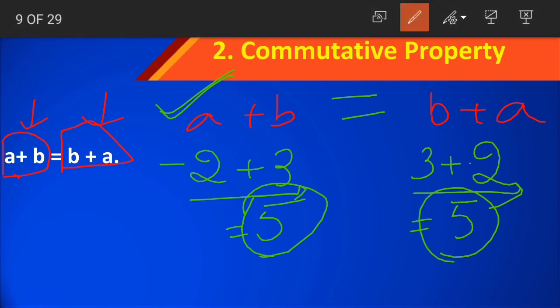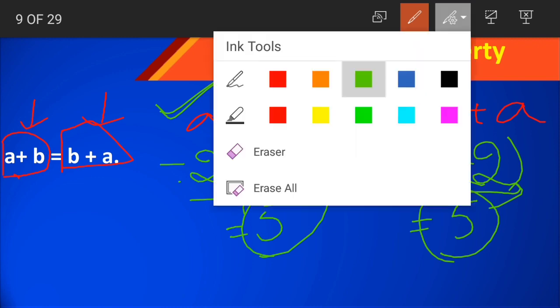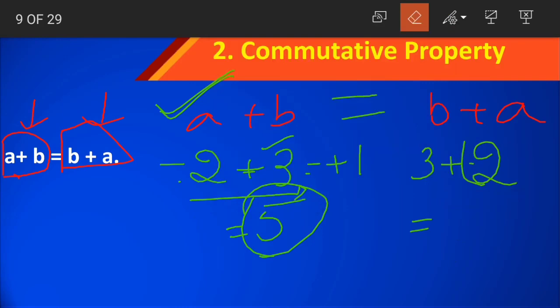Minus 2 plus 3. What is minus 2 plus 3 equal to? We have two different signs, so we will subtract the numbers. 3 minus 2 is 1, and 3 is the higher absolute value integer, so the answer will be positive. Next, 3 plus minus 2.